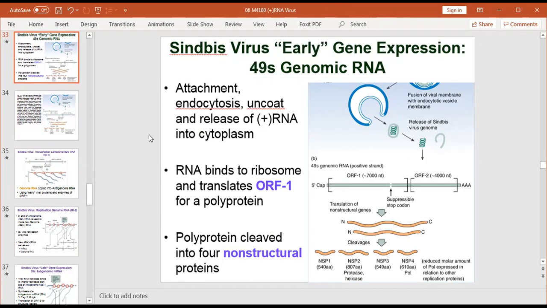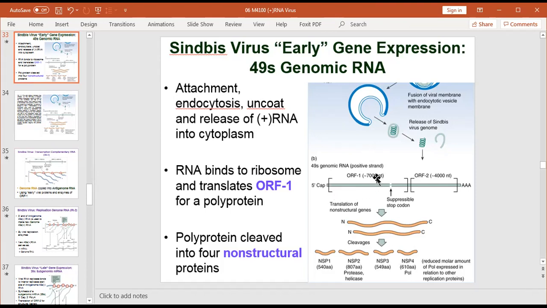So again, the virus attaches to a specific receptor. Through receptor-mediated endocytosis, it gets into the host cell cytoplasm, uncoats, meaning separation of genome and capsid, and releases the positive strand RNA genome of Sindbis virus into the cytoplasm. Since it's positive, it can bind to the host cell ribosome and translate open reading frame 1 for a polyprotein.